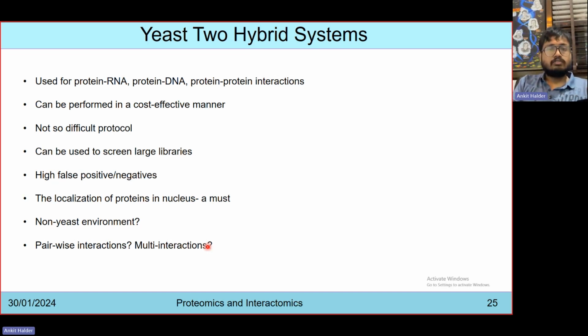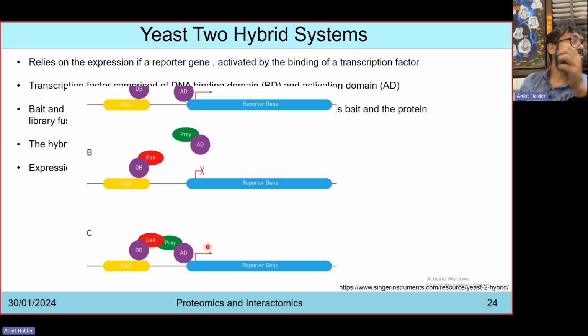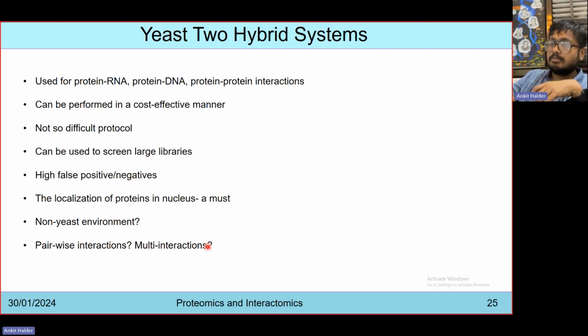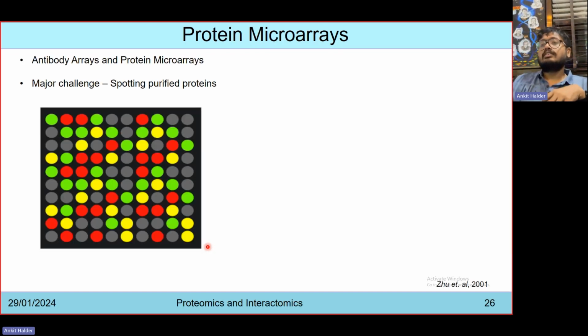As we said, it happens in a yeast nucleus, so what if it is not present in a yeast nucleus, in a non-yeast environment? Also, it works only in a bait and prey, pairwise interaction manner, so what about multiple interactions? All these questions remain a challenge and are the demerits of the yeast two-hybrid system.